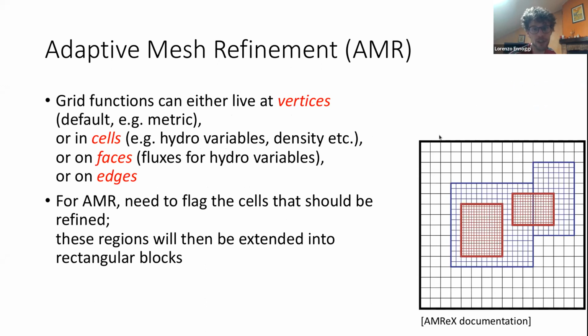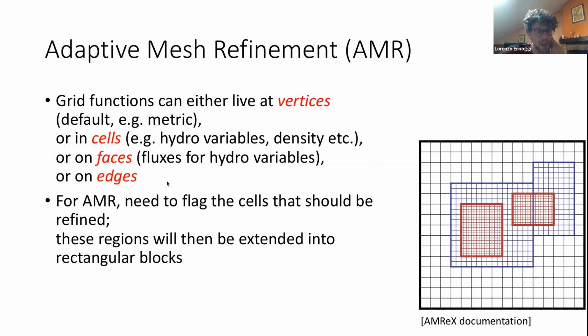So yeah, adaptive mesh refinement within AMReX, essentially. This image here comes from the AMReX documentation, and grid functions can live either at vertices, as I said before, for example, the metric. They can live at cell centers or faces or edges, as I mentioned before.